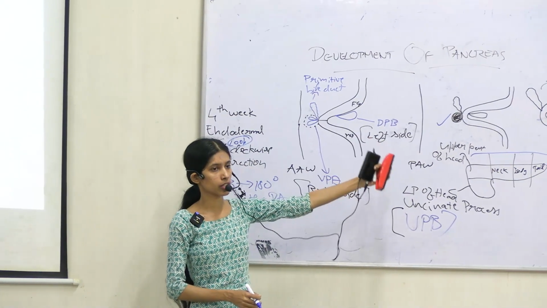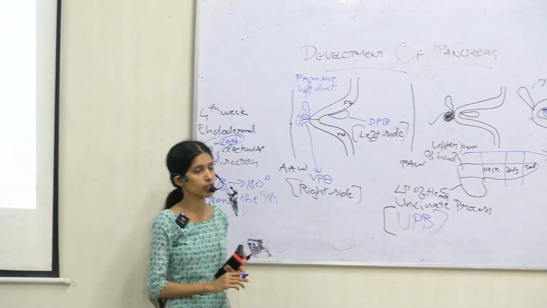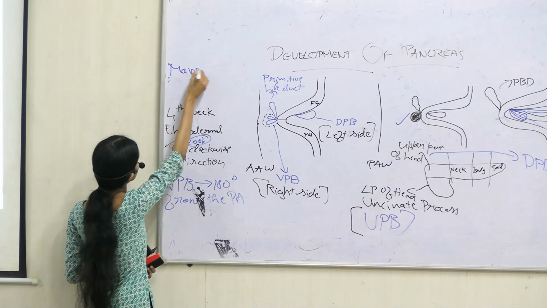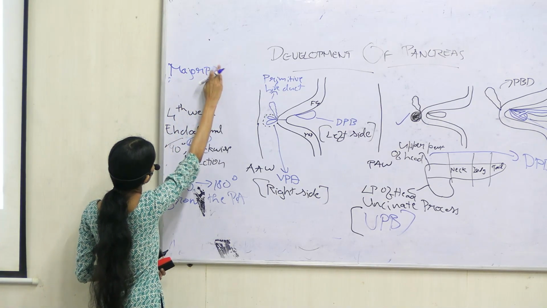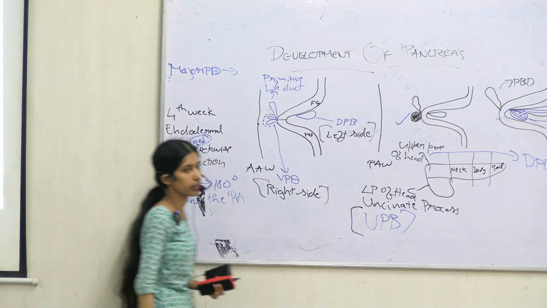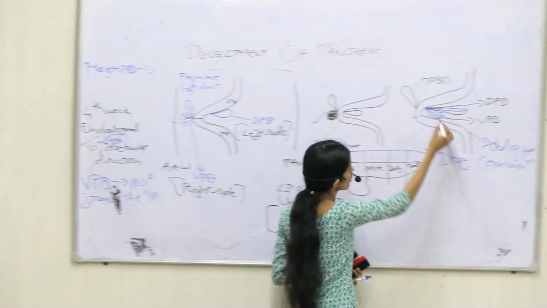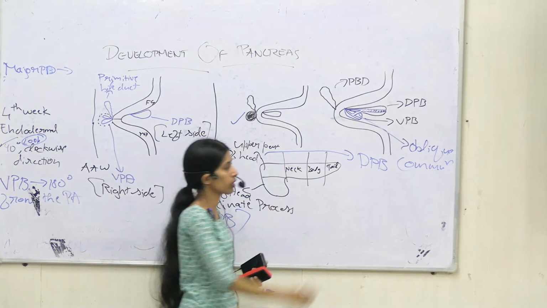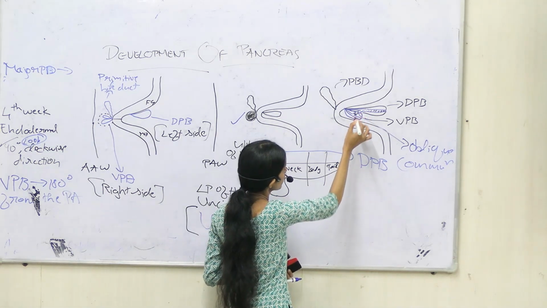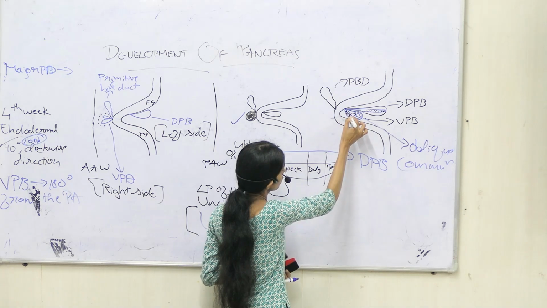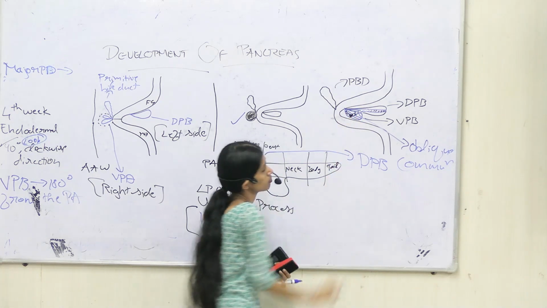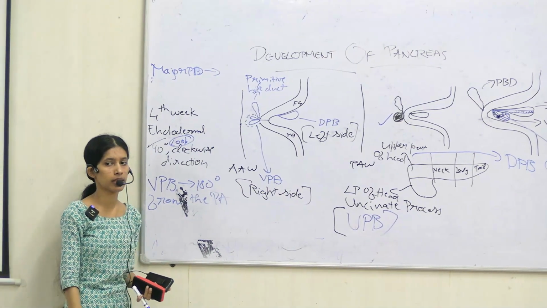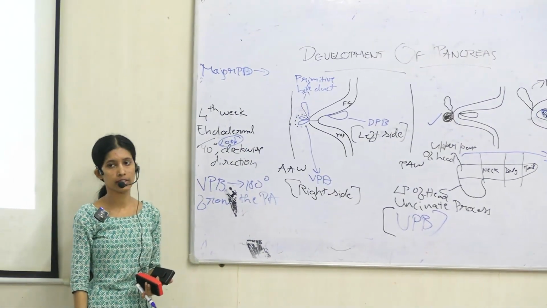This particular structure will give rise to your major and minor pancreatic ducts. The major pancreatic duct is formed by the distal part, the oblique communication, and the proximal part. These are the three parts that form your major pancreatic duct.